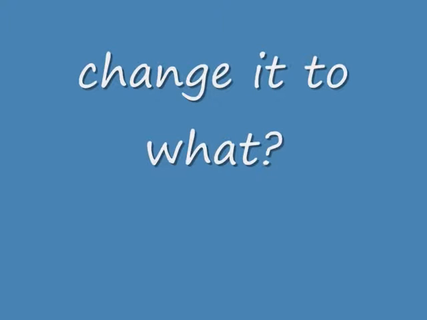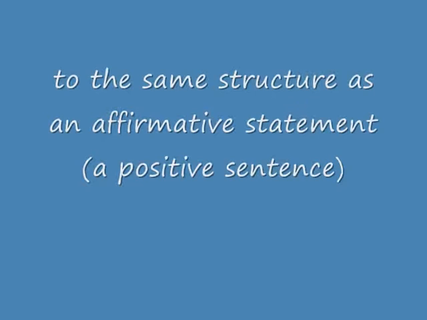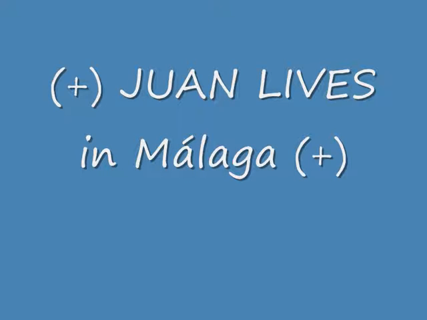But change it to what? Well, you change it to the same structure as an affirmative sentence, as a positive sentence. For example, a positive sentence, a normal sentence, Juan lives in Málaga. Juan vive en Málaga. In English, Juan lives in Málaga.